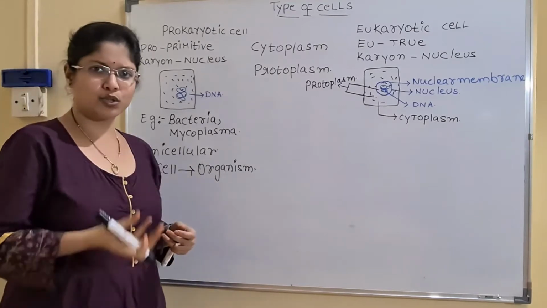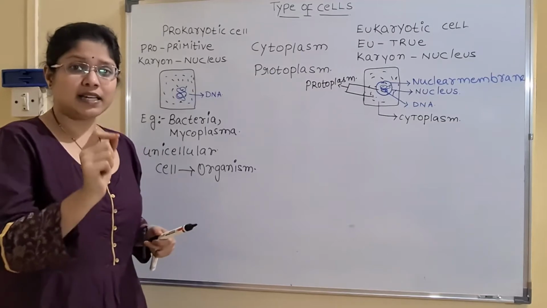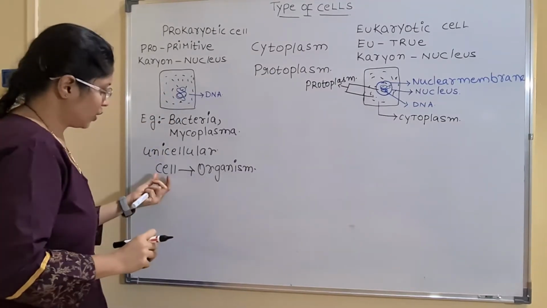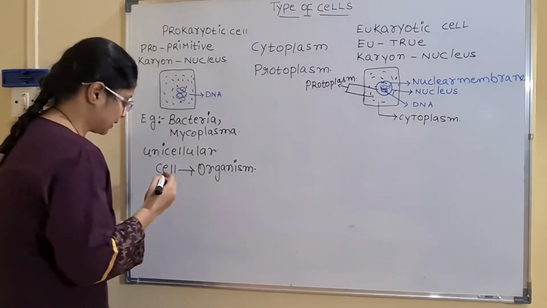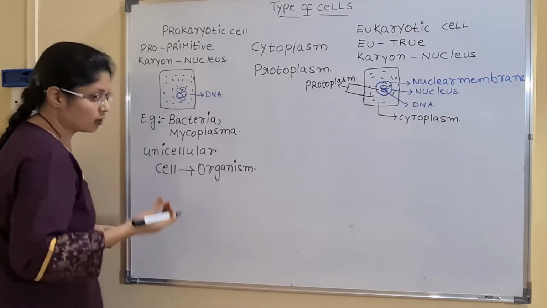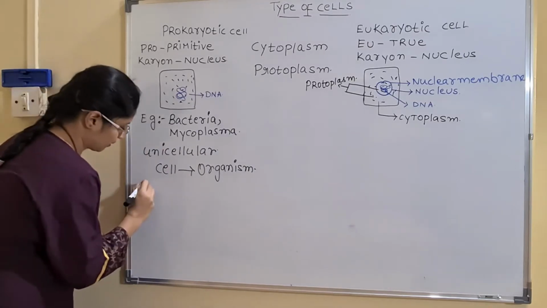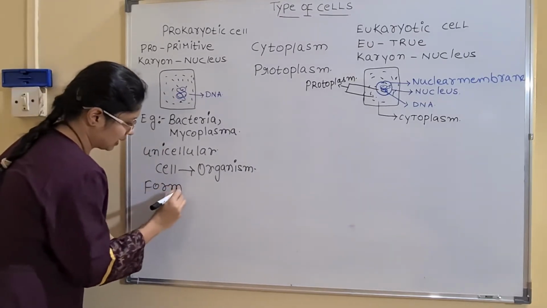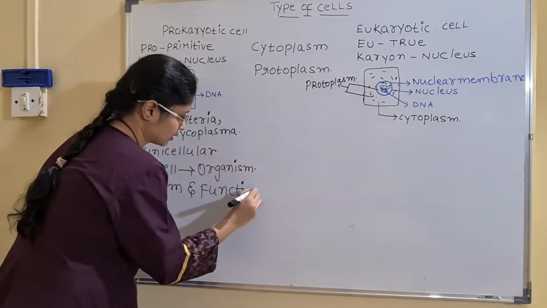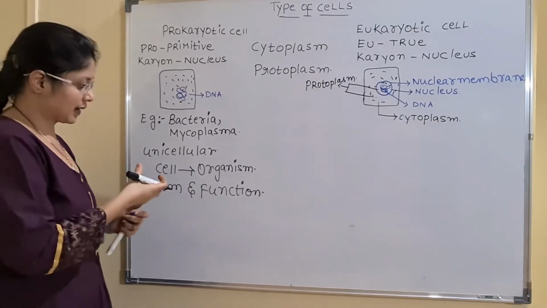Many cells are produced from a single cell by division, but still, if you observe, each cell indicates an organism. One organism, one cell. One cell means one organism. Though the division is taking place, the cell is forming an organism. So it is the complete form and function. A single cell is the complete form and function of the organism.